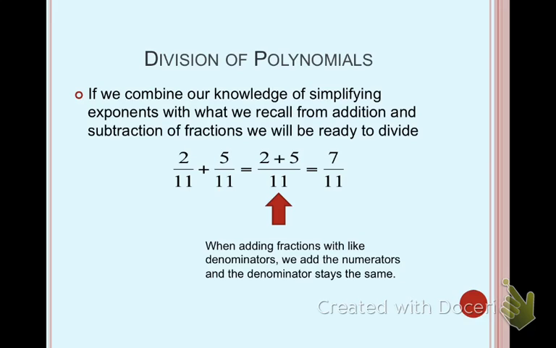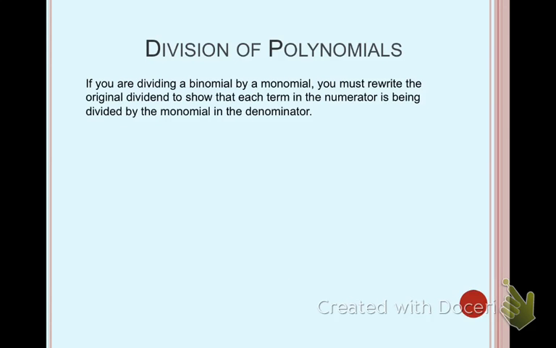If we're dividing a binomial by a monomial, so let's say we have 2 terms on the top, 1 term on the bottom, we can rewrite that so that each term in the numerator is being divided by the denominator. So, for example, if we had 21p squared plus 14p over 7p, it looks intimidating, but we can break it down into smaller pieces.